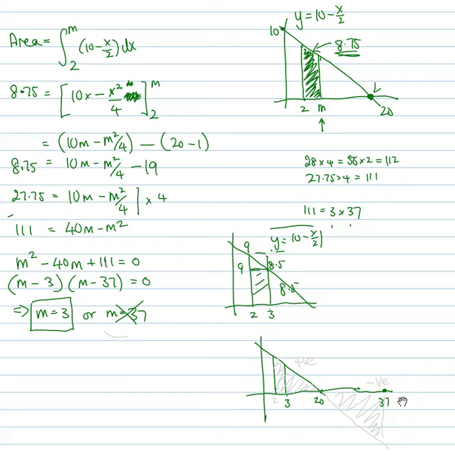Actually, that could be right, because if we extend that line further, going from 2 to m, we get all that area there and all this area here, but remember this area here is negative and this area here is positive. It's quite possible, in fact it probably turns out to be right, that when we add those two together, that minus that, you'd end up with the 8.75. So that's how we got that as a possible other answer.